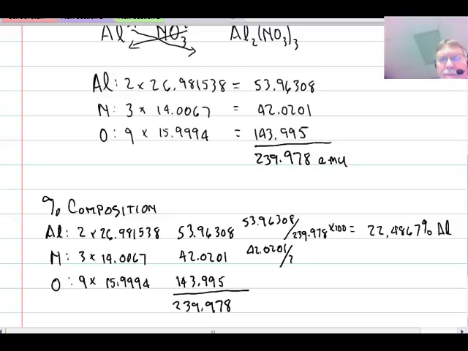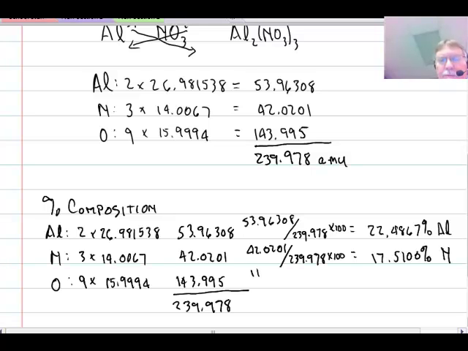I'll do the same thing with the other two: 42.0201 divided by 239.978 times 100, and we come up with 17.5100% nitrogen.